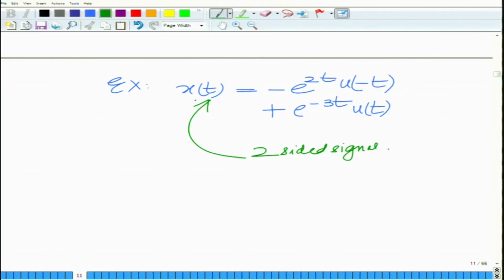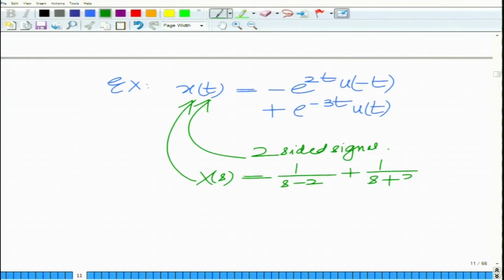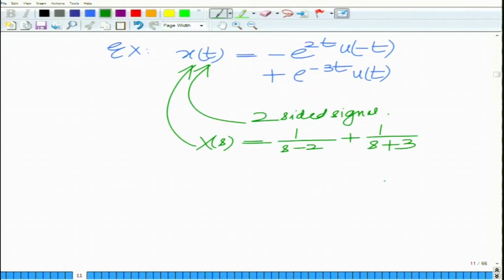The Laplace transform X(s) you can verify is given as 1 over s minus 2 plus 1 over s plus 3, and the poles are 2, minus 3.